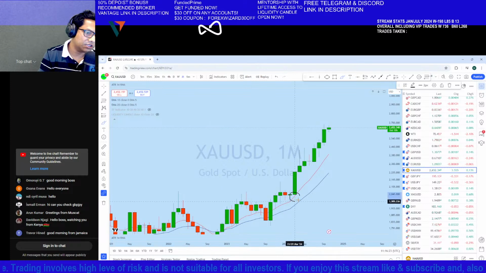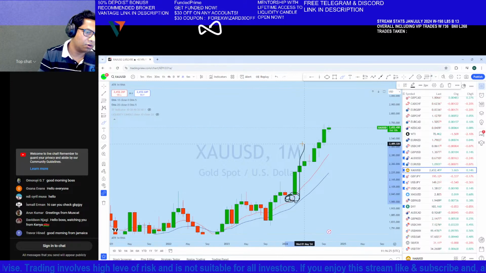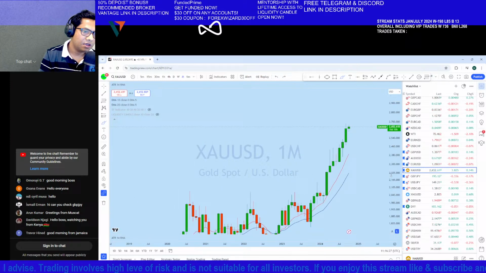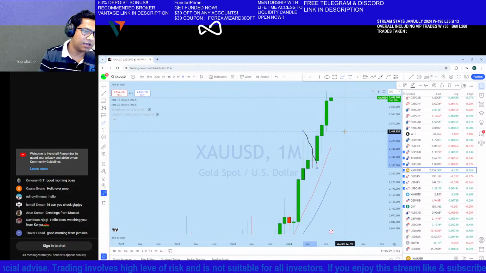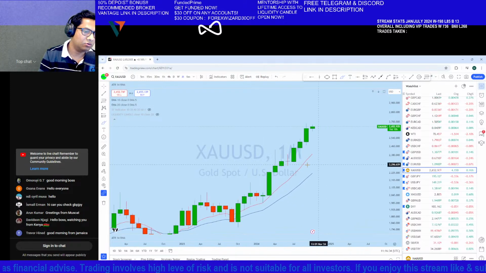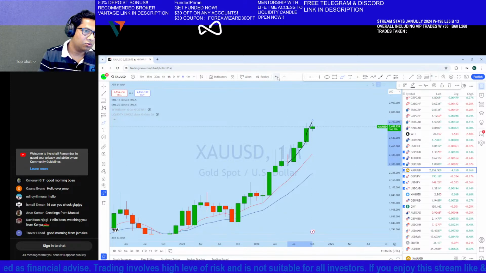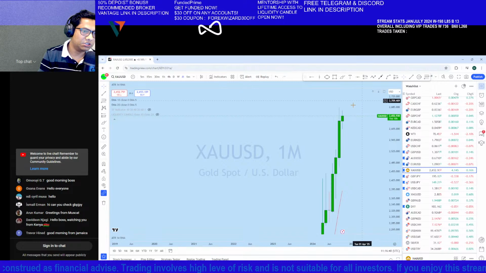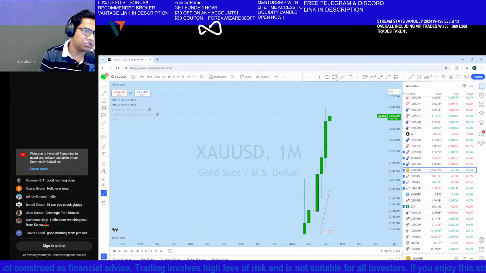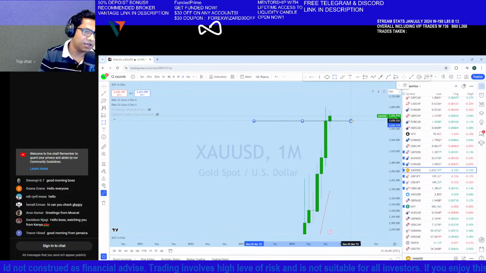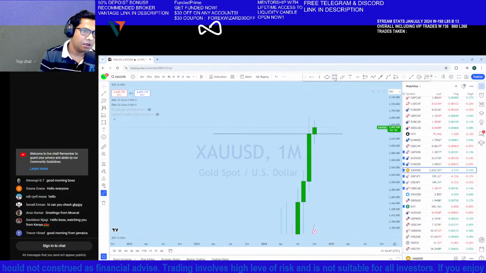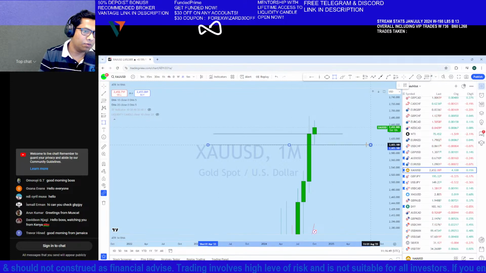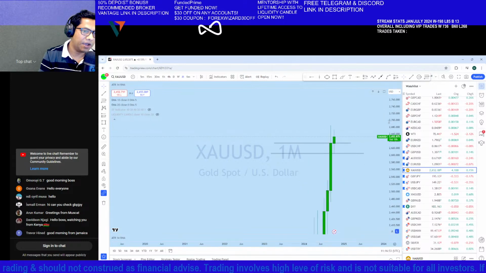Starting from here we can see a pretty strong bounce on the monthly, and after that the market had a drop here, and then another bounce here on XAUUSD. Overall picture is basically a long-term bull market, and as it is a long-term bull market, from this support level I am expecting XAUUSD to return back to the upside.